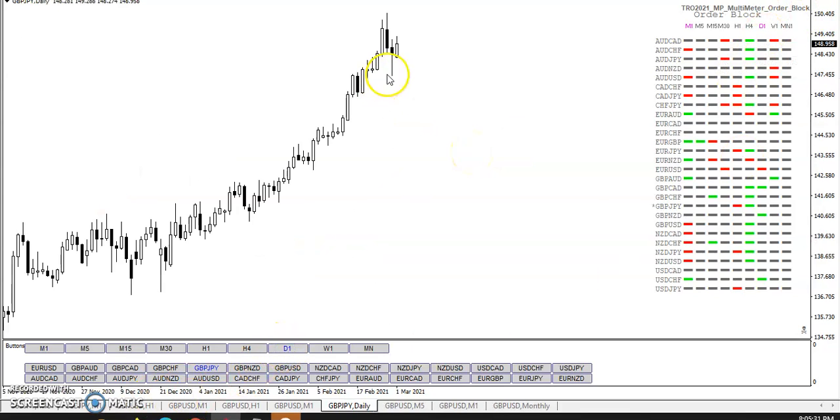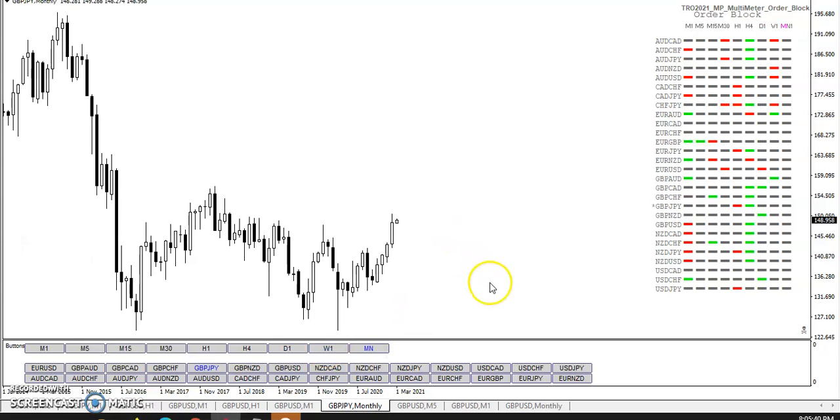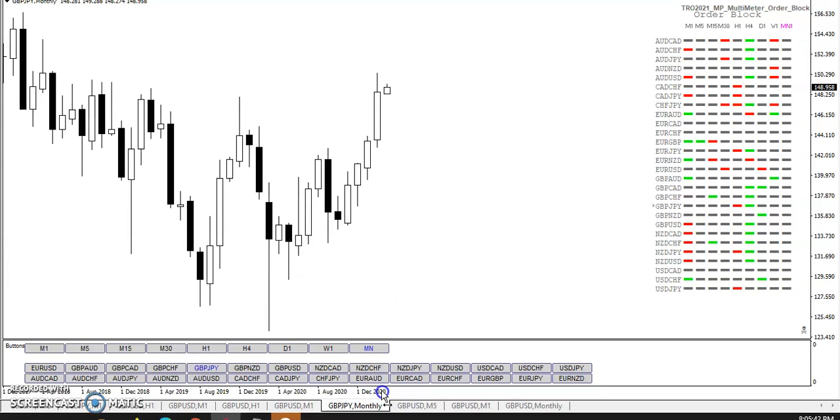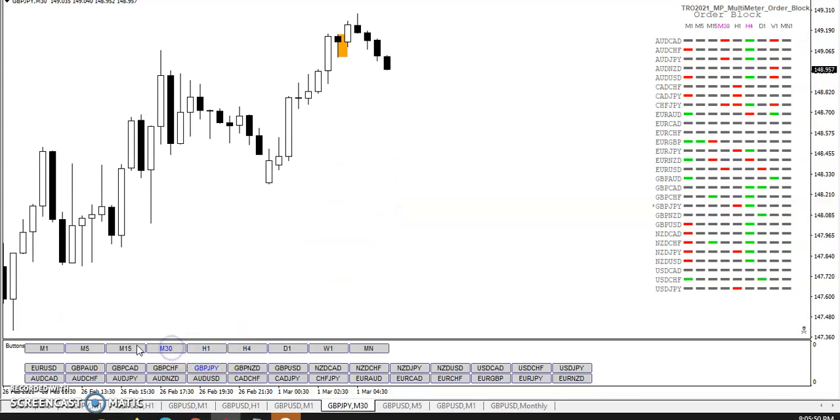So here you can see there's just no order blocks showing. They usually get taken out. So daily, weekly, monthly, very, very few times do you see these order blocks. But when you come down to H4, that's when you start to see order blocks, H1 and below.